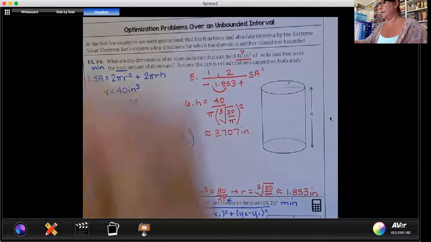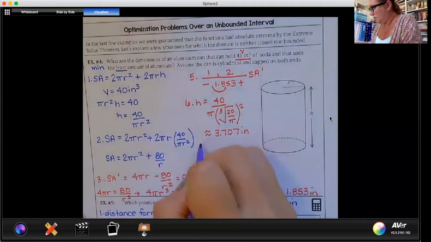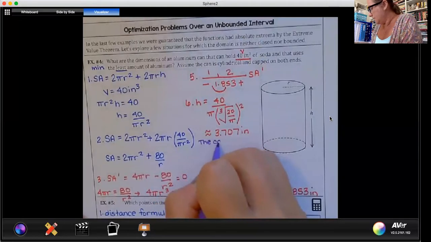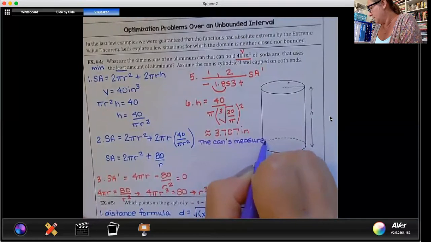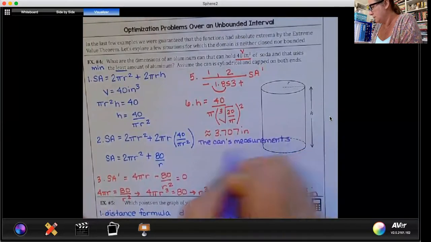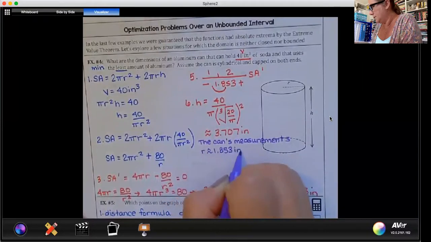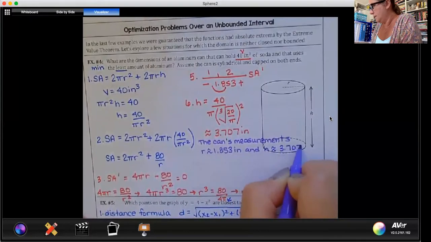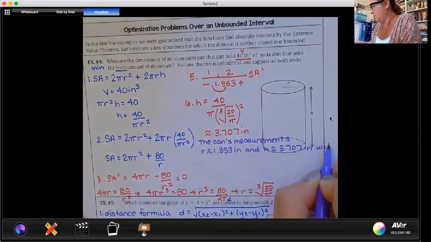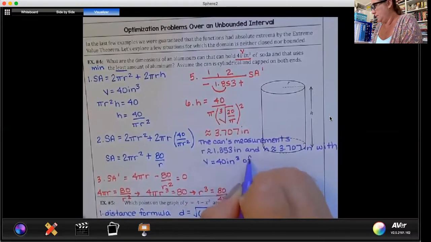So now we're going to write our answer. The can's measurements, and I'm going to go into the diagram for sake of space. r is approximately 1.853 inches, and h is approximately 3.707 inches, with volume 40 inches cubed of soda.